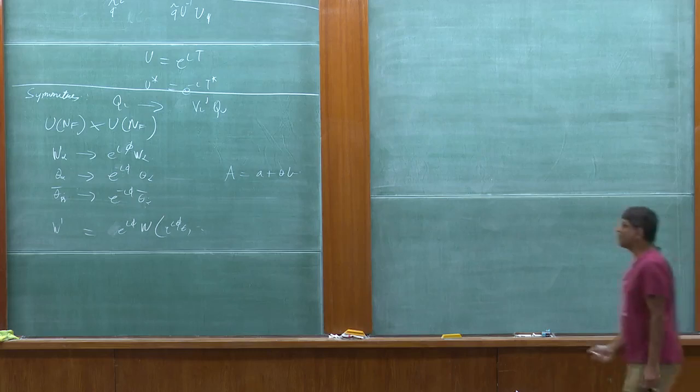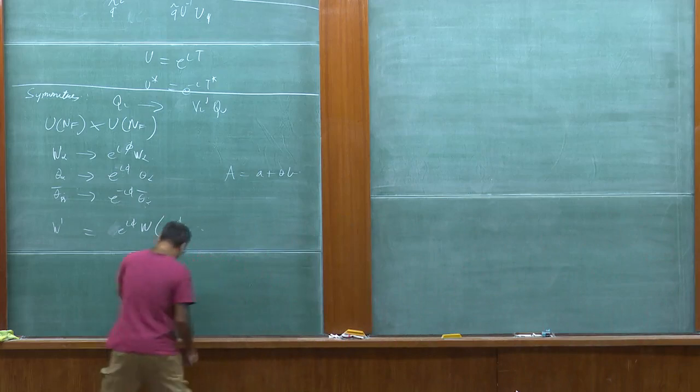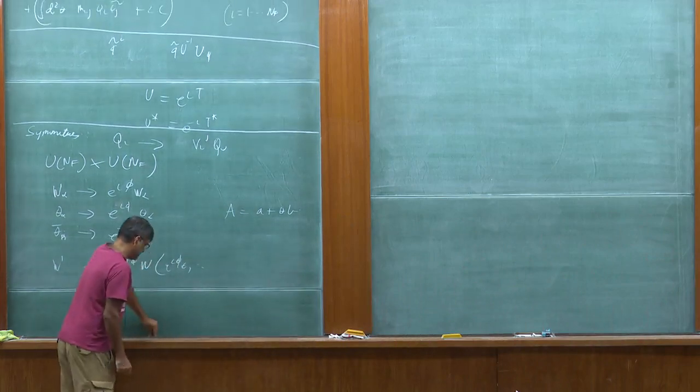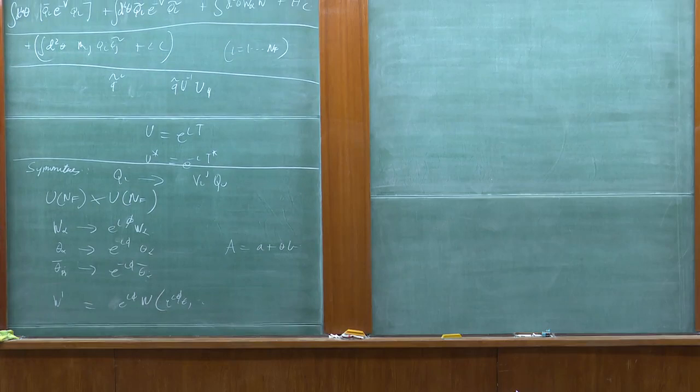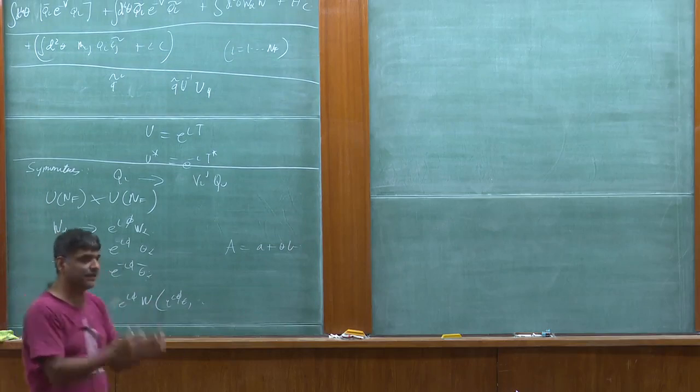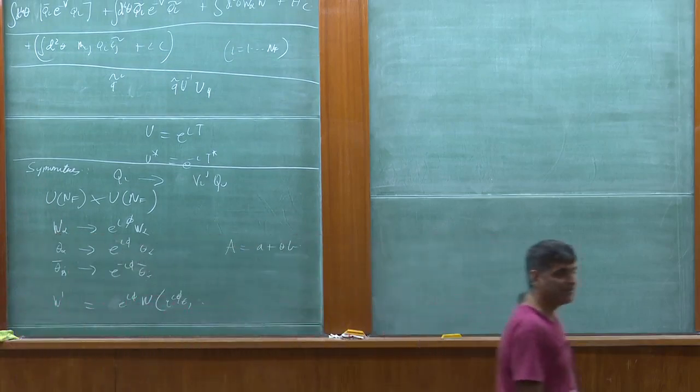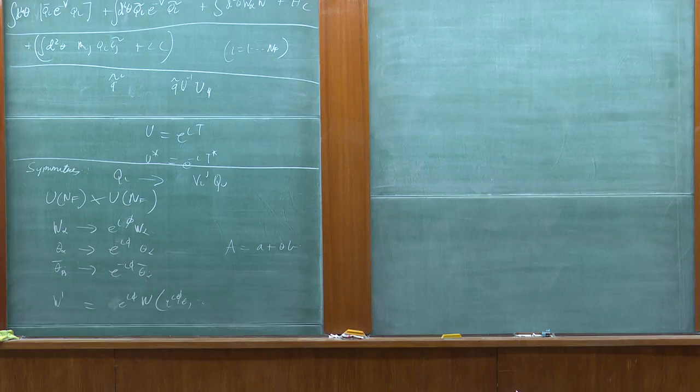Now first let's understand why it's a symmetry. It's a symmetry because each of the terms in the Lagrangian is invariant under the symmetry. Why are the first two terms invariant? The first two terms are invariant because there's d^2 theta and d^2 theta bar, and these cancel against each other.